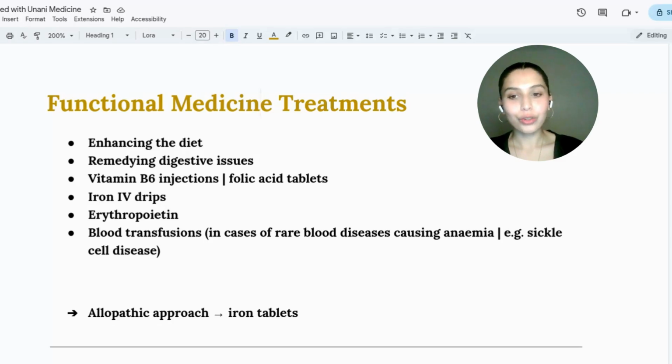Now, the last two relate to more chronic diseases. So, erythropoietin is a protein, is a hormone made from the kidney that basically tells the bone marrow how many red blood cells to produce. Red blood cells are created from the bone marrow.